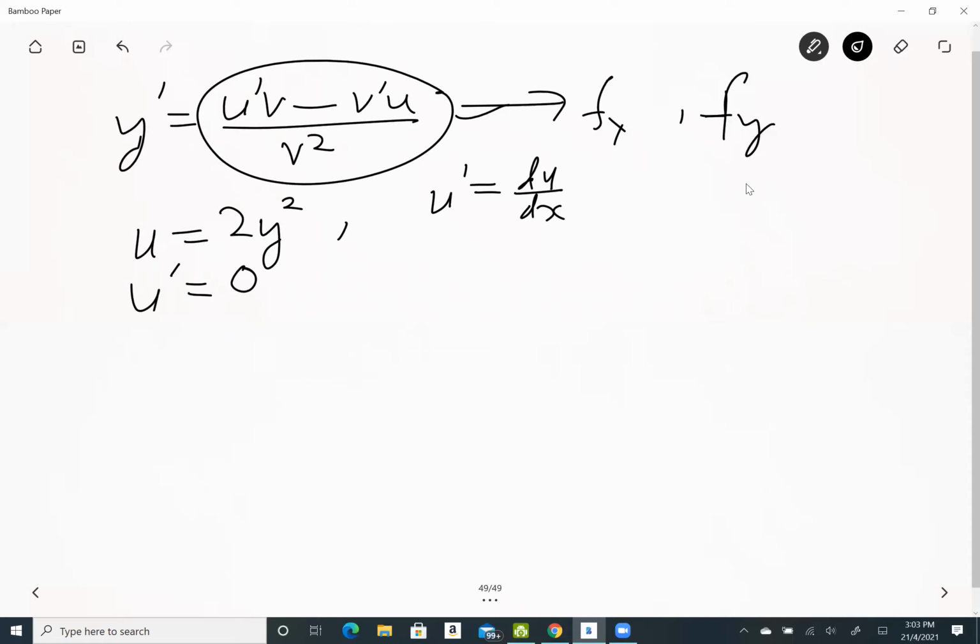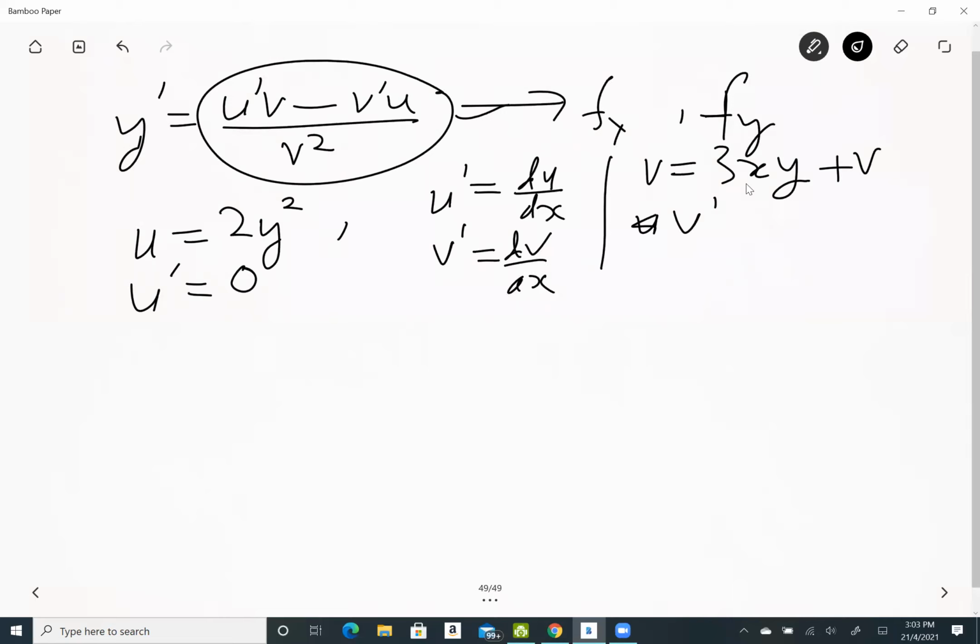All right. And then you look at v. What is v? V is 3xy plus 4. So you want to find v prime, which is dv dx, because we're taking the derivative with respect to x. Y now is a constant. So what do I get? 3y, because the variable is x. You got 1, so 3y.